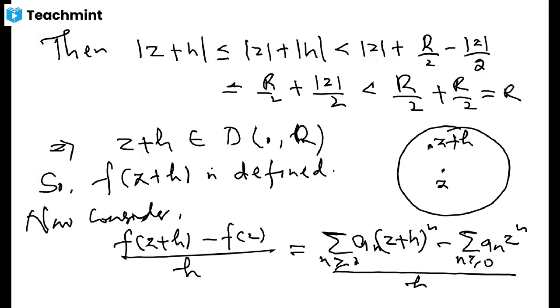But for n equal to 0, you have the coefficient a0, and a0 minus a0 will cancel out, so you are left with the range of summation from n greater than or equal to 1. You can take the summation outside because it's a convergent series, and we can add and subtract convergent series.